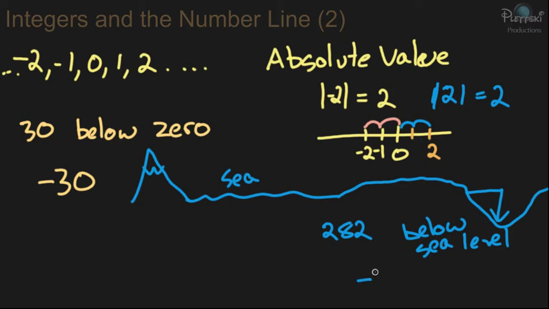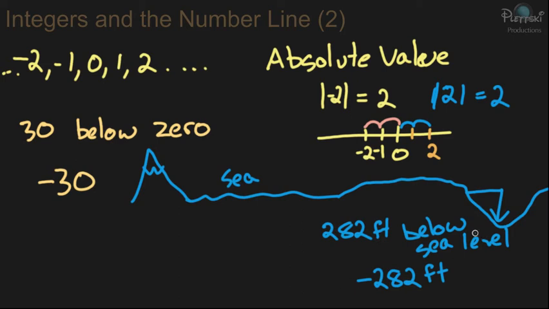We would say it's -282 feet below sea level. So -282 feet would be Death Valley.